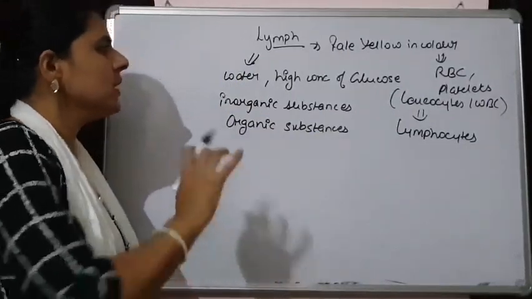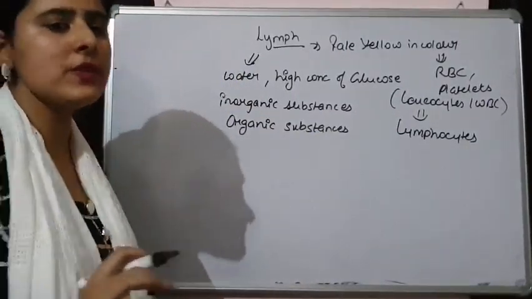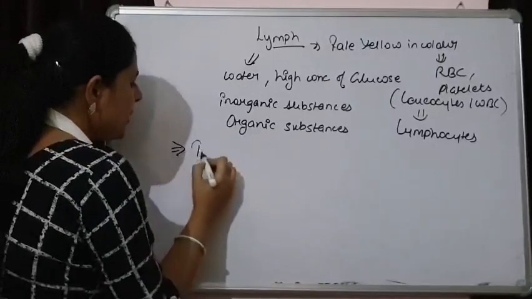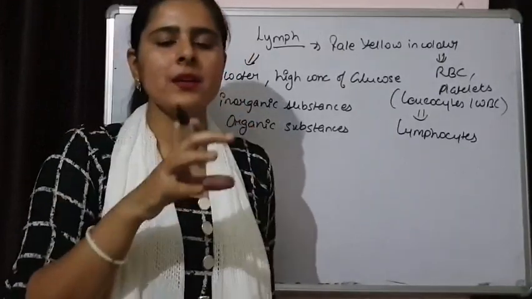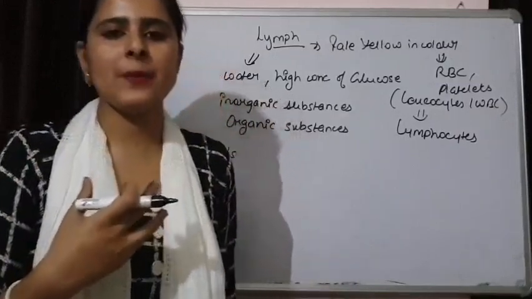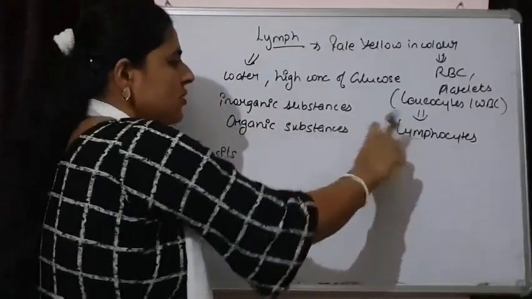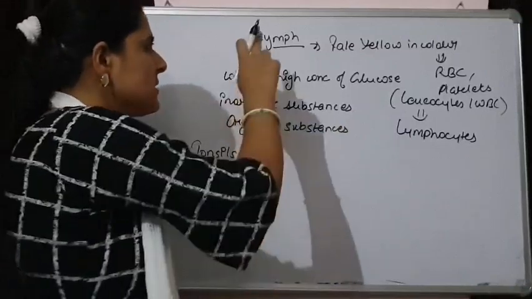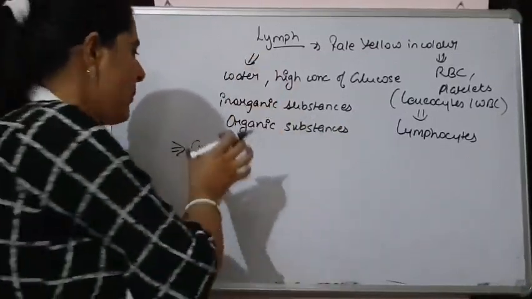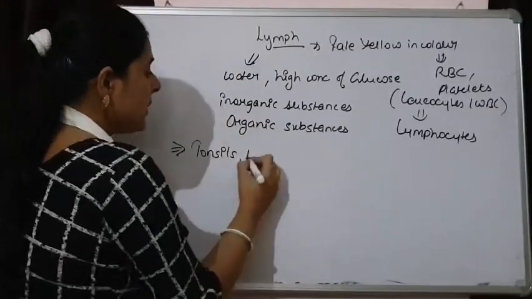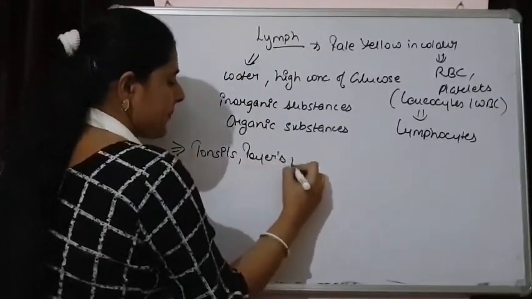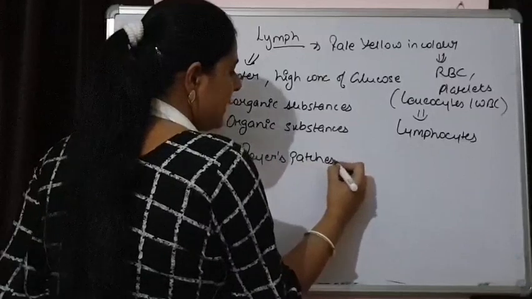If we look at the organs where lymph is going to form, you remember the tonsils in the Waldeyer ring. Different types of tonsils are present, which are responsible for the secretion of lymphocytes. So that is a part where lymph forms. Another one is Peyer's patches present in the small intestine.